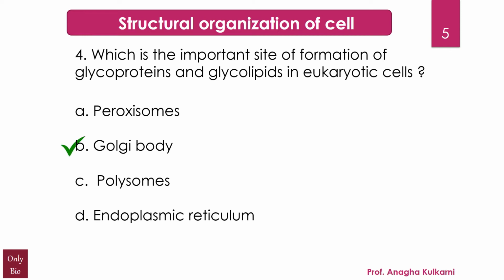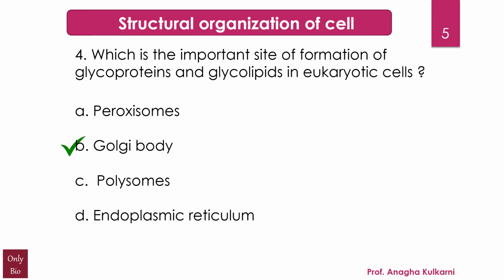Now, friends, peroxisome, the first option given, is a membrane-bound organelle which was earlier called a microbody, which is found in the cytoplasm of virtually all eukaryotic cells. Now, these are oxidative organelles. Frequently, molecular oxygen may serve as a core substrate from which hydrogen peroxide is formed.